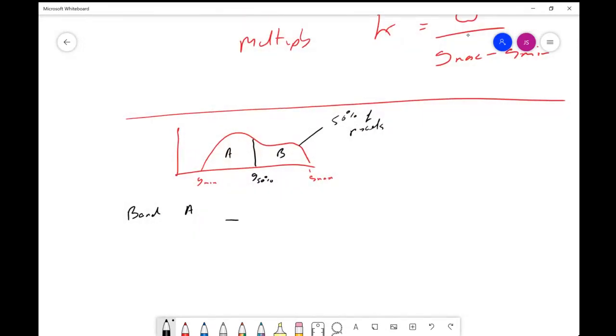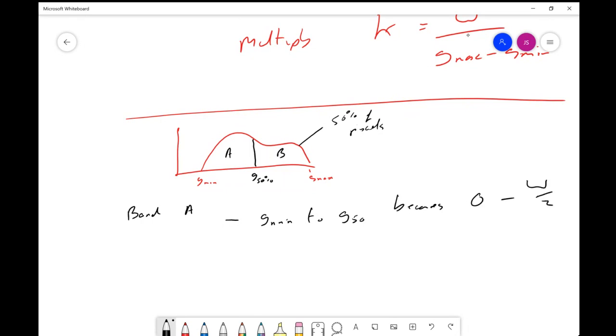Band A, we want to change from G min to 50%. G 50% becomes 0 to W over 2.